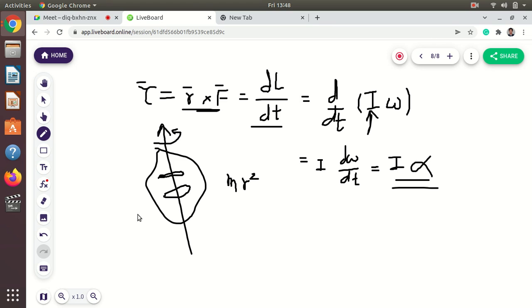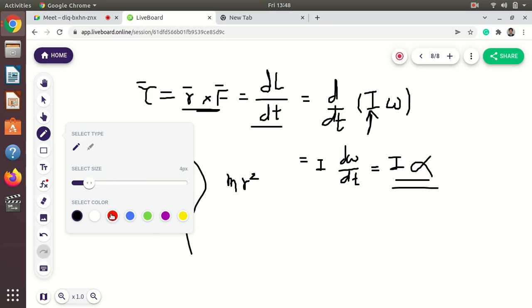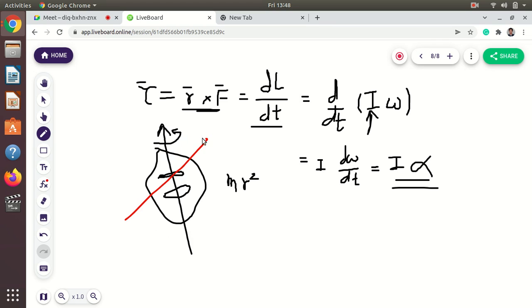If I change the axis, I will draw with a different color, then the I can change. But for a single rotational motion, I is not going to change because the axis is not going to change. For this axis, there might be some I2, a different moment of inertia. If there is another axis, let's say this axis, there might be some I3. But as long as the axis is fixed, the moment of inertia is not going to change.